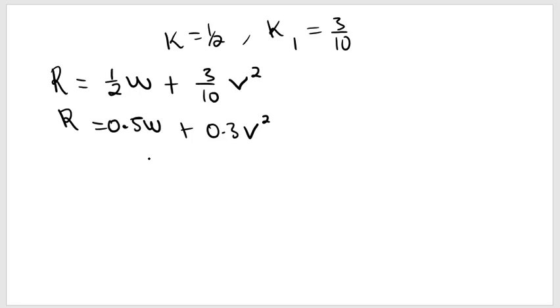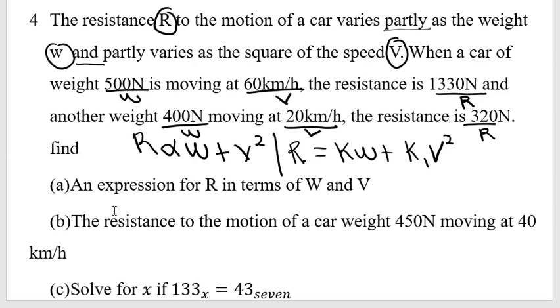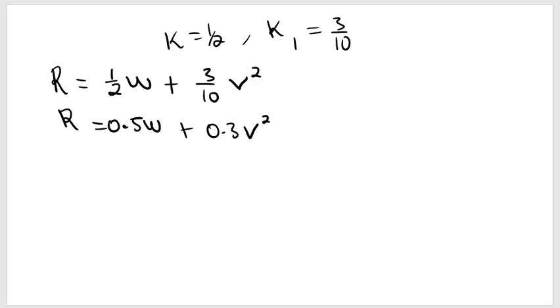Or this is an expression for R in terms of W and V. Because if you look at A, the question is saying to find an expression for R in terms of W and V. All that it means is to get an equation such that you get R on one side of the equal to sign, and on the other side you have your W and V. And that is exactly what we are having here. So that is the A.